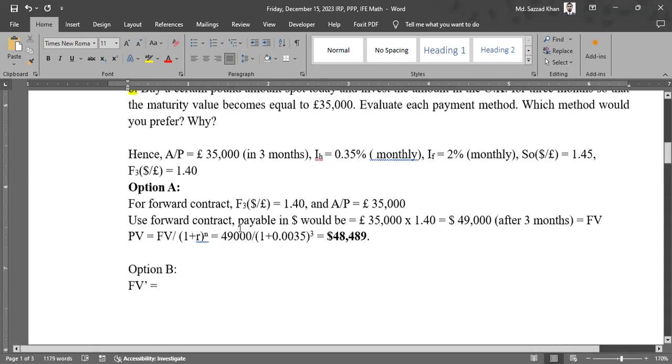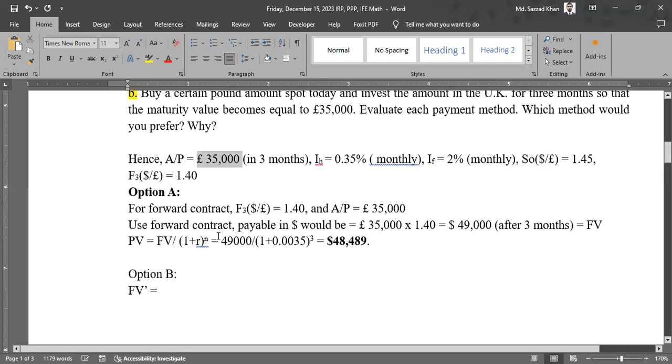It is the 35. This is the payable in 3 months, right?